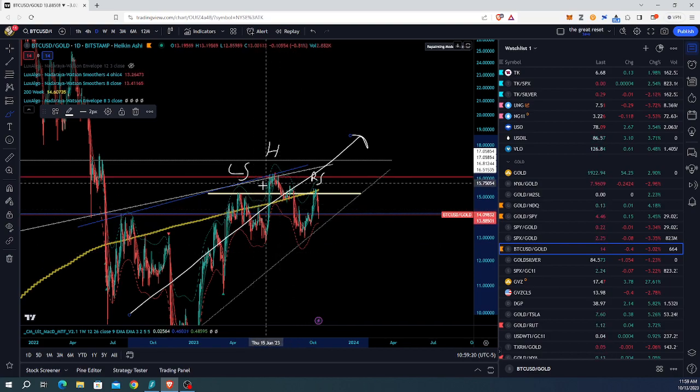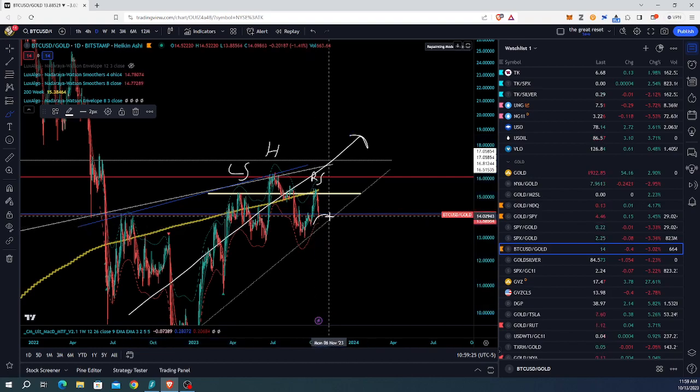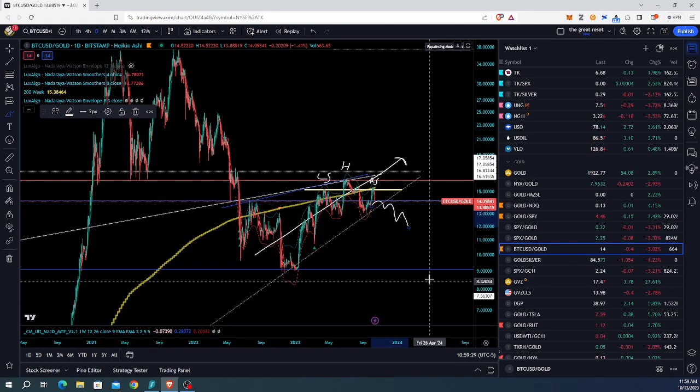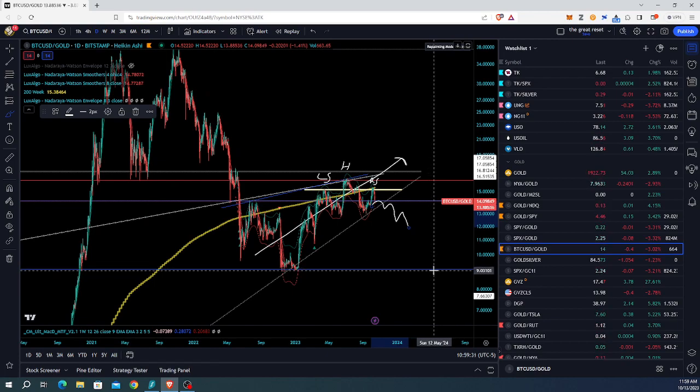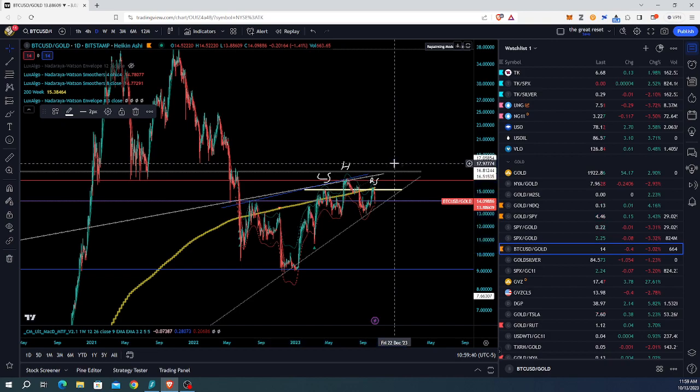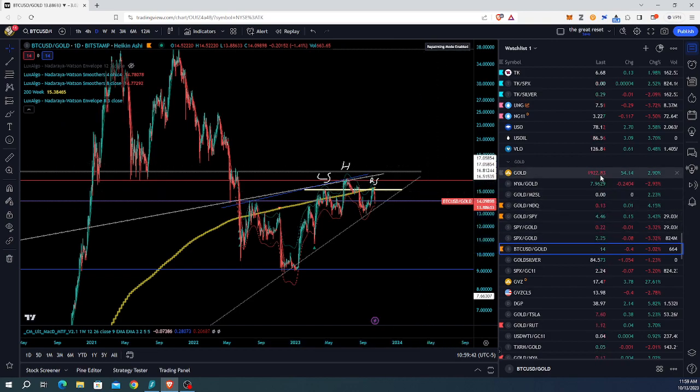But we're also showing some weakness with this head and shoulders pattern. If we pop out the side and end up doing something like this, I would say we're going back down to this ratio of 9-to-1 or something of the sort. This would be good for gold, bad for Bitcoin. So personally, I don't have much faith in it.